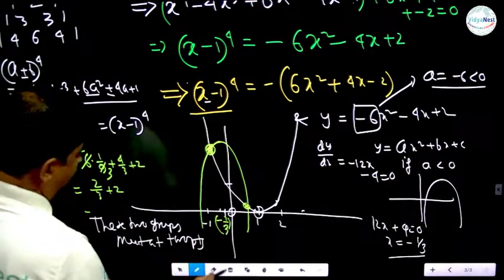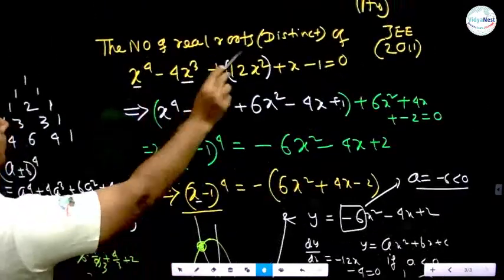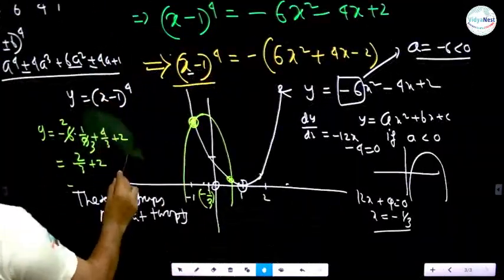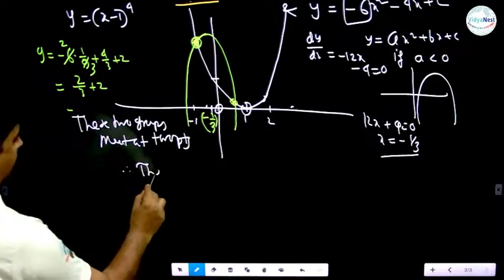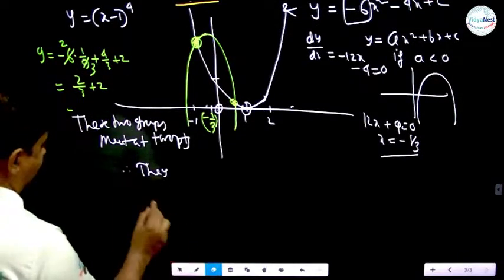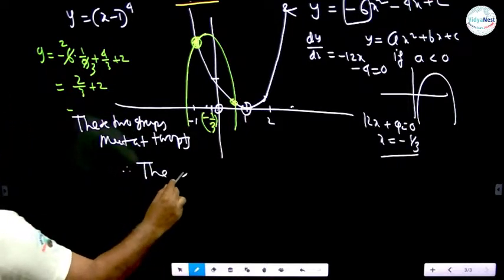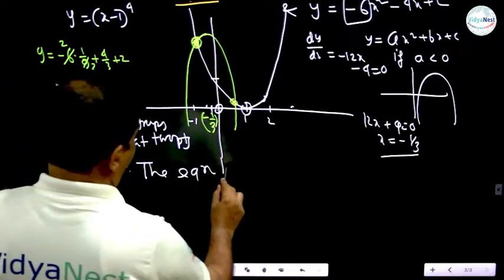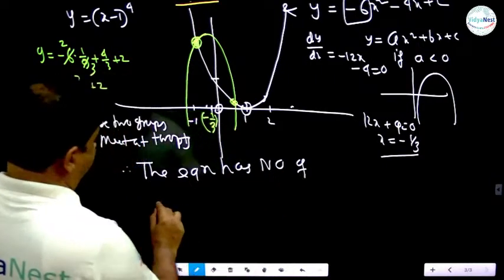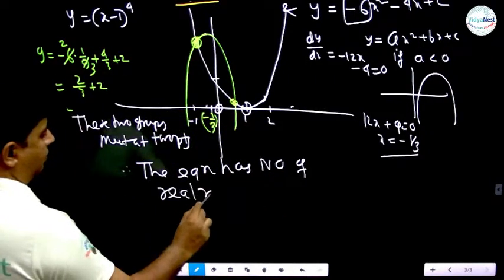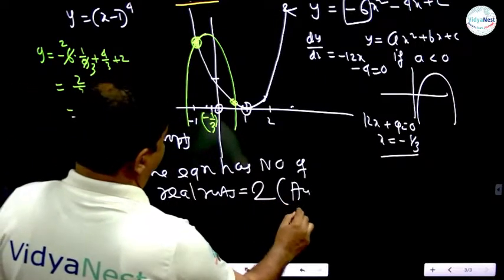What is the question? The number of real roots. So the equation has 2 real roots. Got it?